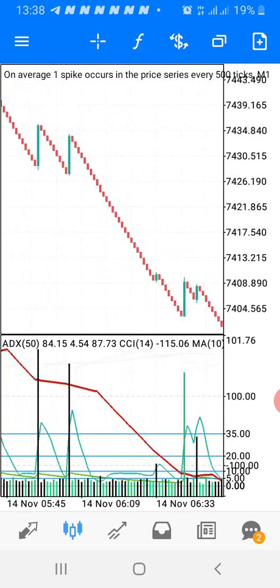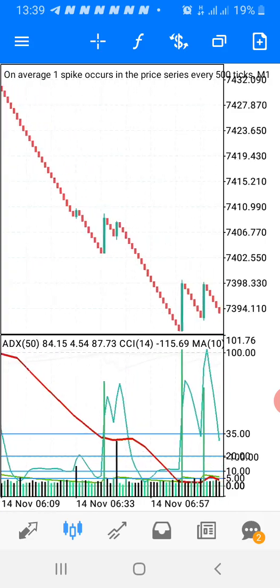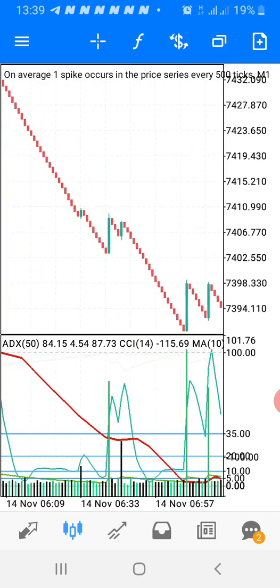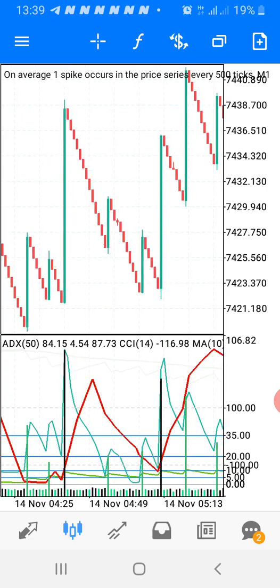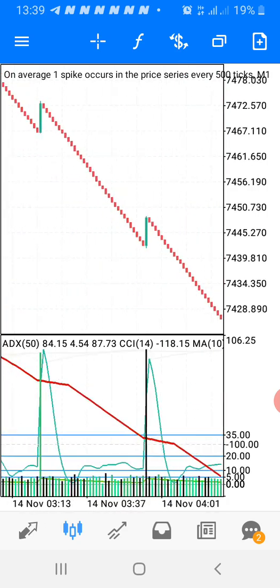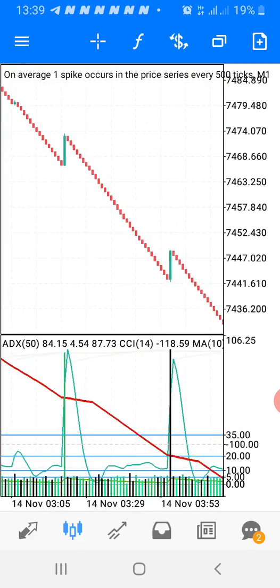Cross below, you buy at the oversold level. See, for this spike, it crossed below at the oversold, you buy. So that's how this strategy works.